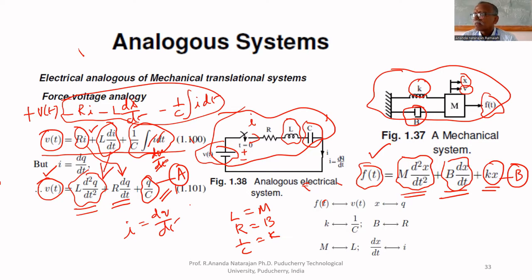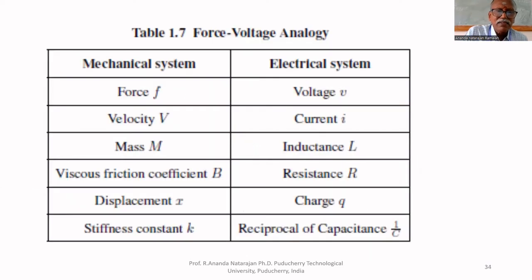You find the L, which is equivalent to M. You find the R, which is equal to B. You find a C, which is equivalent to 1 by K. So you have to find an inductor whose value must be equal to M, a resistor whose value must be equal to B, and a capacitor C whose value must be equal to 1 upon K. That's all. You can construct an electrical system.